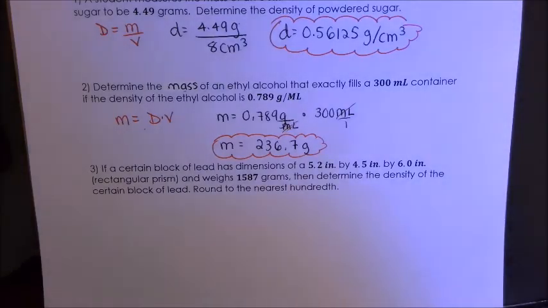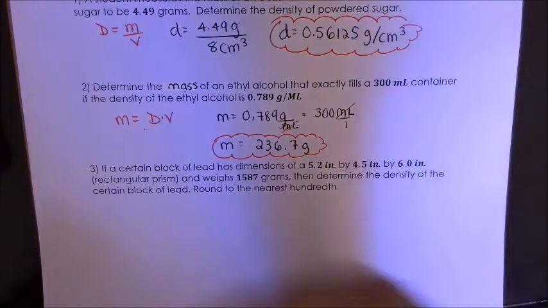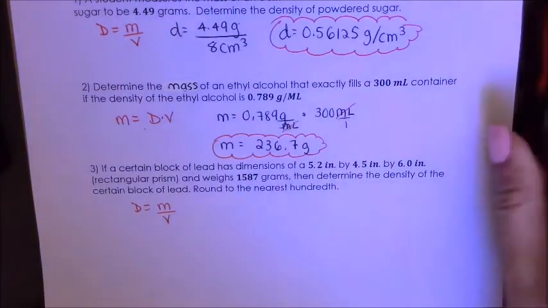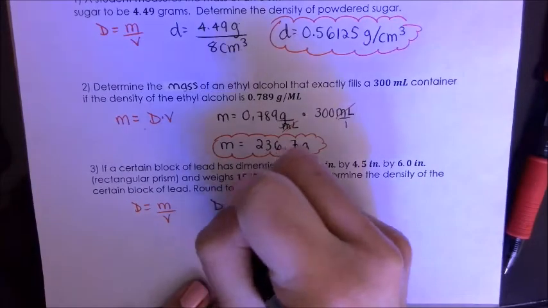For number 3, if a certain block of lead has dimensions of 5.2 inches by 4.5 inches by 6.0 inches, a rectangular prism, and weighs 1,587 grams, then determine the density of the block of lead, rounded to the nearest hundredth. So I'm using the density formula. We're going to substitute our values.